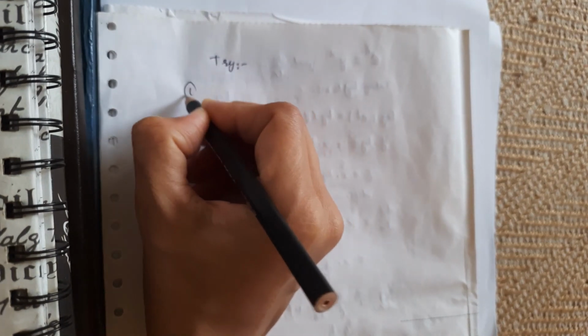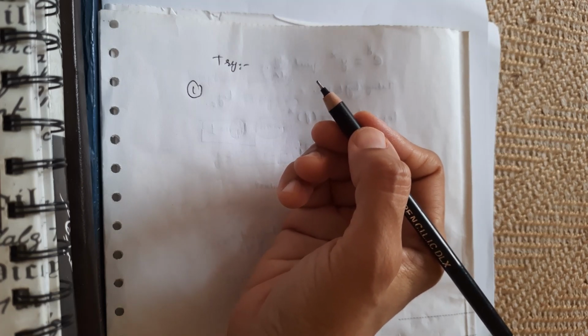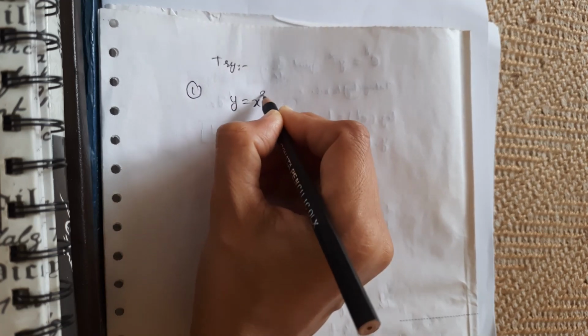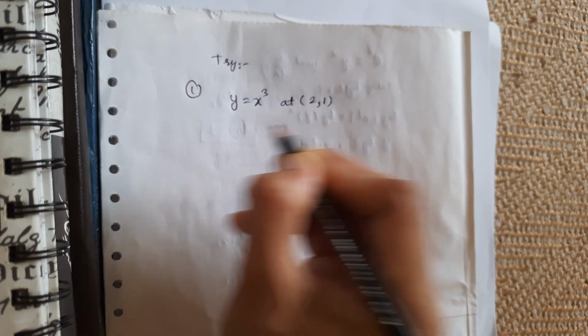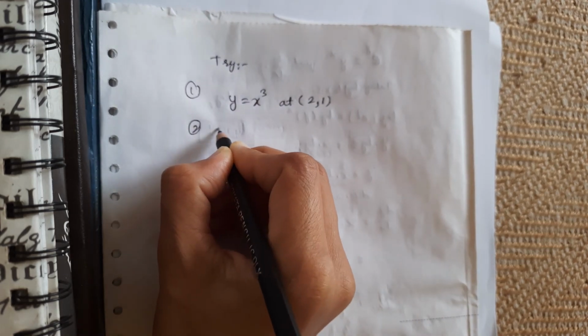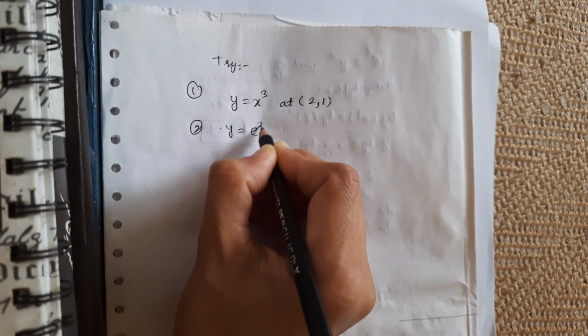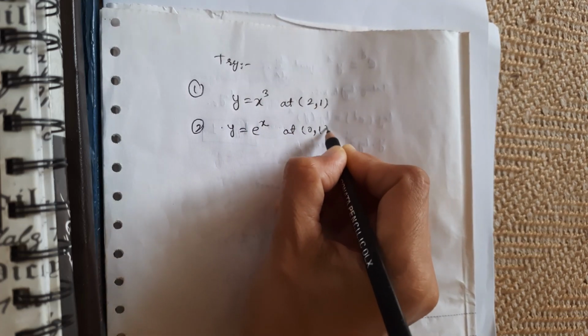I wish all of you are able to solve them. I'm giving the same example, y equals x cube, but changing the point to (2, 1). The second example I want you to find the radius of curvature for is y equals e to the power x at (0, 1).